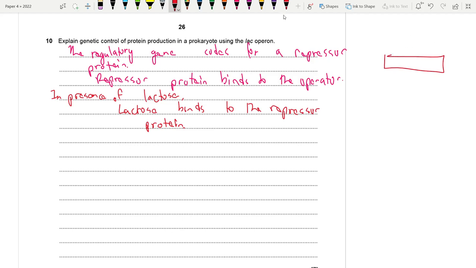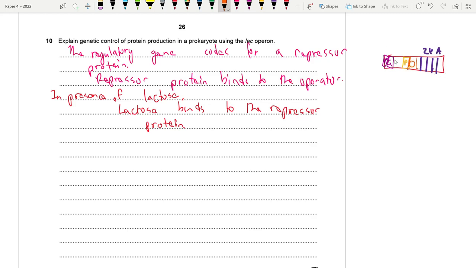This was the setup. So we have the structural genes Z, Y, and A over here, and we also have the promoter here. And we have the regulatory gene back here, which codes for the repressor protein. So we also have an operator section here, right?